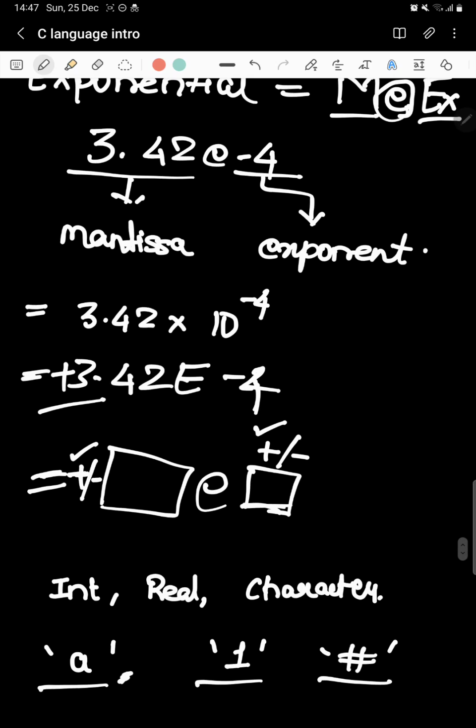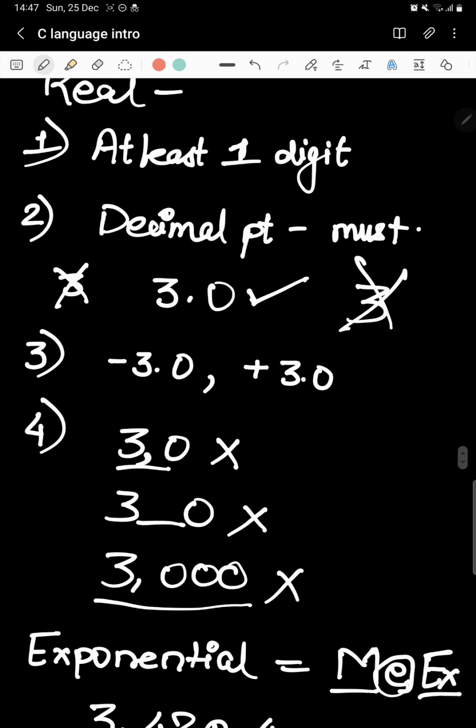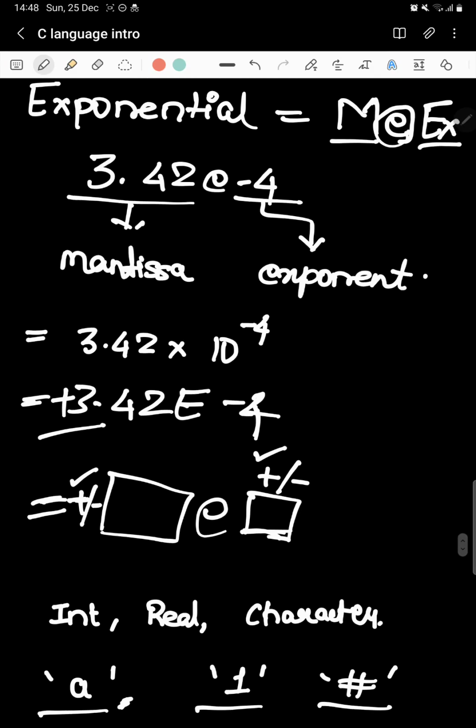Now there are two forms of real constants. The first one, which we discussed just now, and the second one is exponential form. So in exponential form, we generally use this form when the number is too small or too large, but this is not a compulsion. We can use this exponential form whenever we wish to.